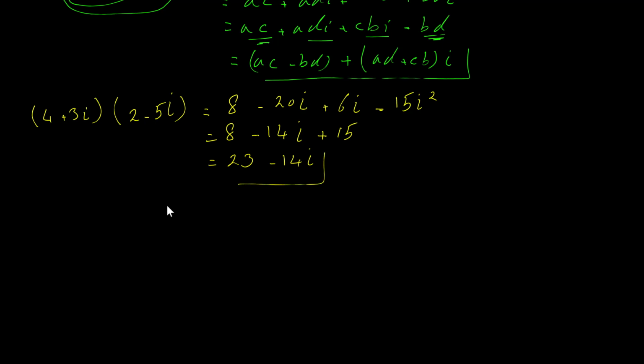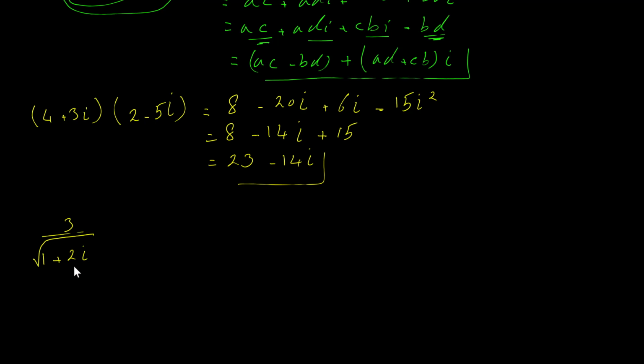Now, in some cases, to do the simplification, let's say we have 3 divided by 1 plus 2i, and this whole thing is under the square root.